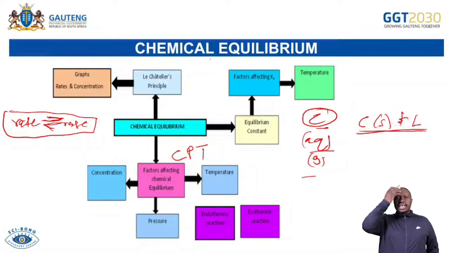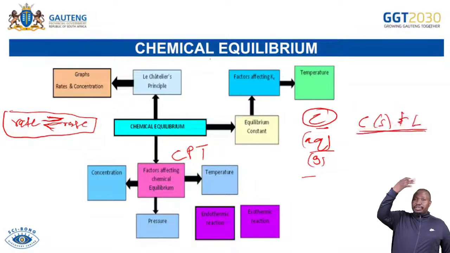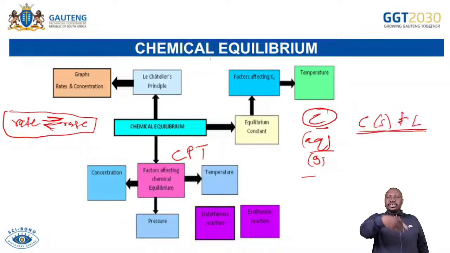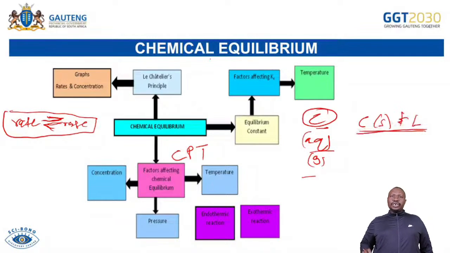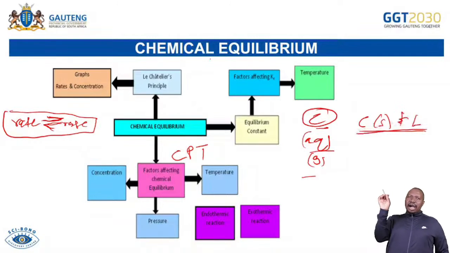That's why when you're doing the Kc expression, for the concentration of the solid and liquid, you just write a 1 because they remain constant. So you cannot be changing the concentration of the solid and liquid. We talk of the concentration of aqueous solution and of the gases. Hence, we include them in the Kc expression.